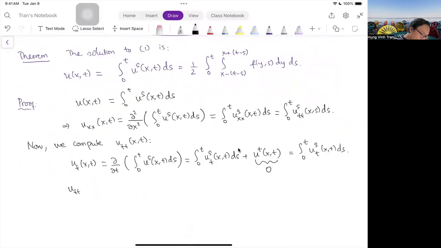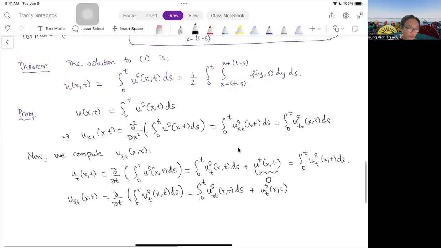u_tt(x,t) is ∂/∂t of this integral. And we use the same rule, right? So either we put the derivative inside, I would have u^s_tt(x,t) ds, or if I differentiate on the integral, I would have u^s_t(x,t) evaluated at s equals t, which is u^t_t(x,t).